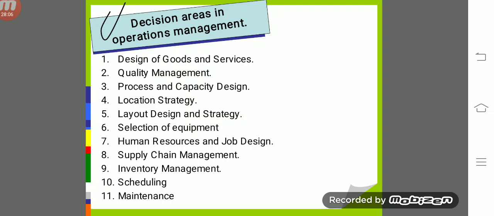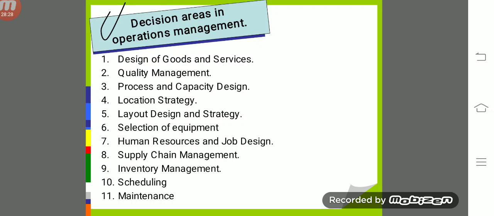So quality management is part of production and operation management: which types of quality they want to provide, maintaining the quality of the product everywhere, and so on. Quality management is a decision area in operation management.